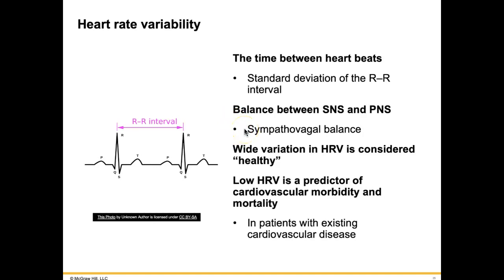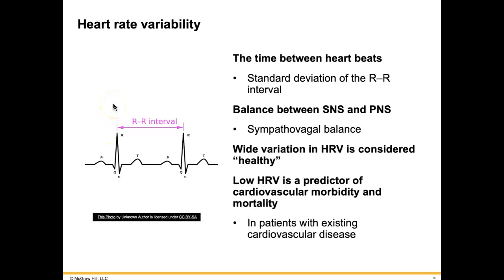And this is the neurocardiac function that is generated by the heart-brain interactions and the dynamic nonlinear autonomic nervous system processes. So when we have a wide variation in this heart rate variability, that's considered healthy. Kind of think about our heart is not having to work so hard in order to do its job.